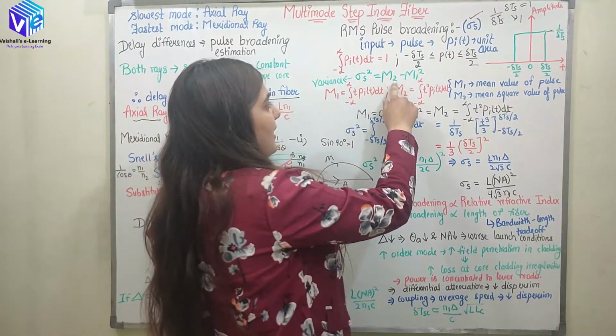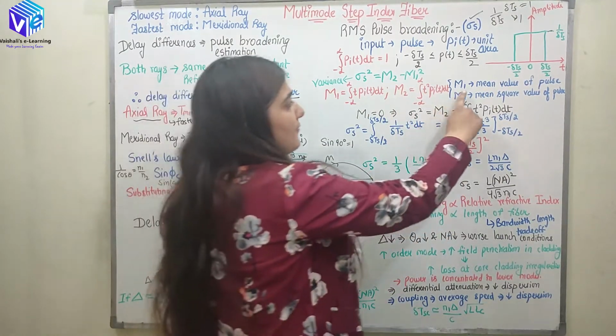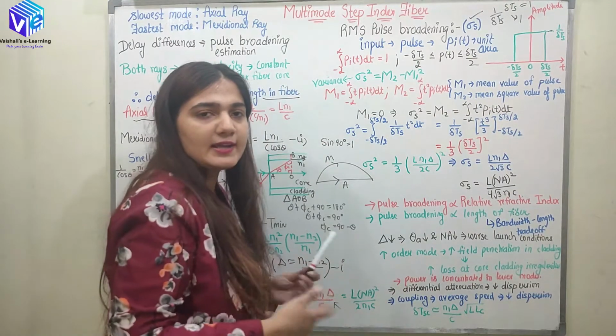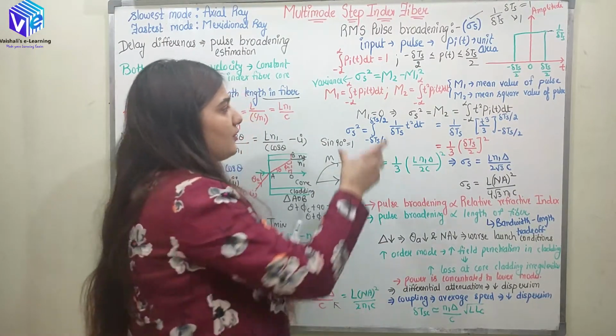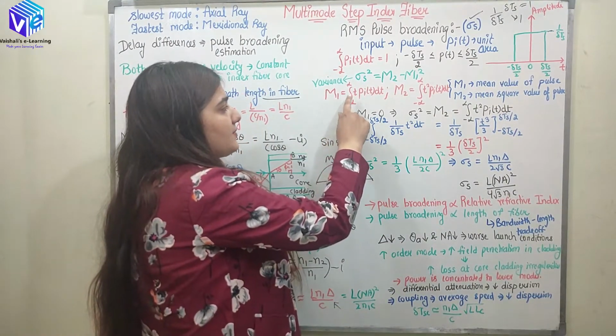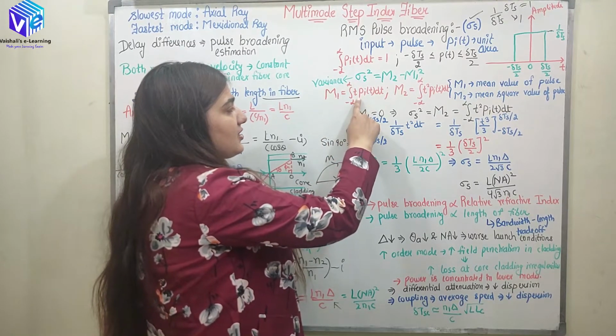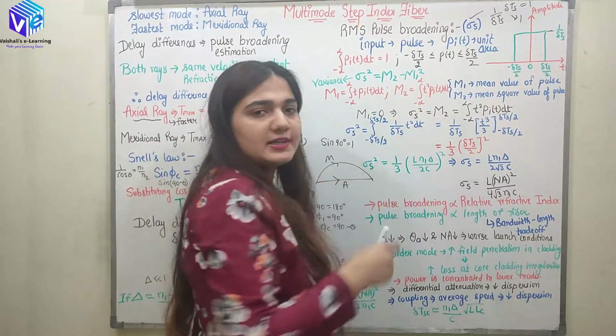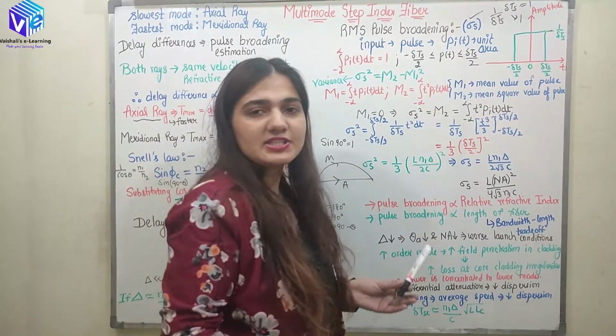Sigma s square would be m2 minus m1 square. m1 is the mean value of the pulse, and m2 is the mean square value of the pulse, or I can call them the first and second order moments. I can write m1 as the integration from minus infinity to infinity of t p(t) dt, and m2 as the integration from minus infinity to infinity of t square p(t) dt.